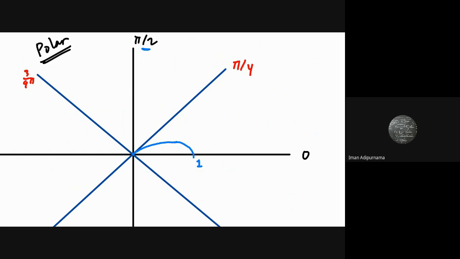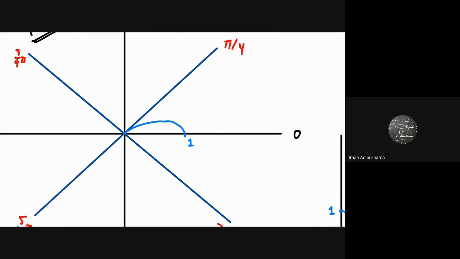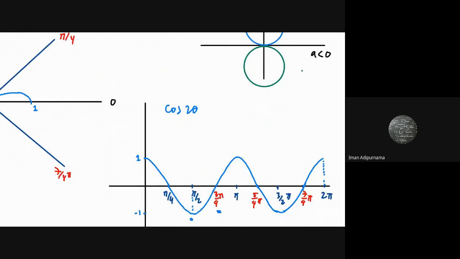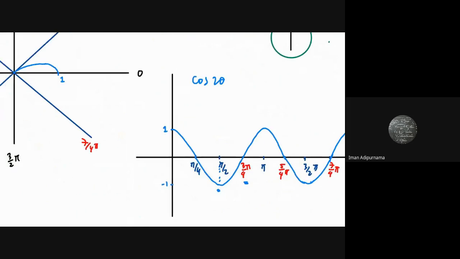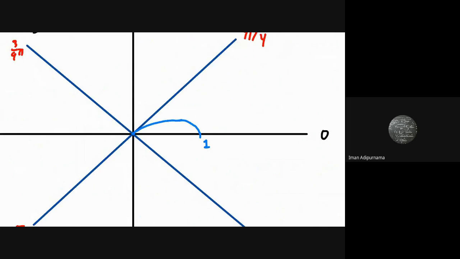So what will be the next section? If the pi over 2 is negative, this should be the one that we are going to look for.